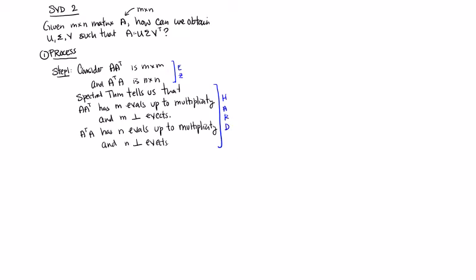Now, there's a couple of easy things. All of these eigenvalues will be greater than or equal to 0. And the ones that are greater than 0 are shared between these two matrices.